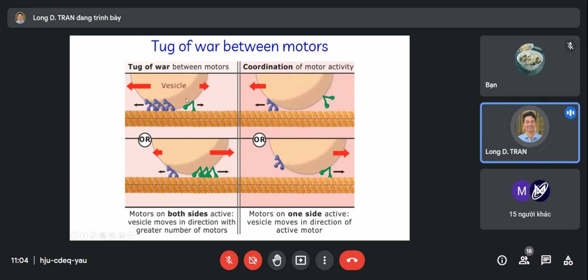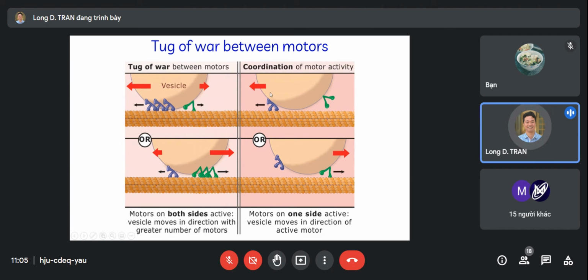But if we have more kinesin, then it will be transported toward the plus end. So it depends on the pulling force of kinesin and dynein: whichever pulls stronger, the vesicle will move toward the end of that motor protein.